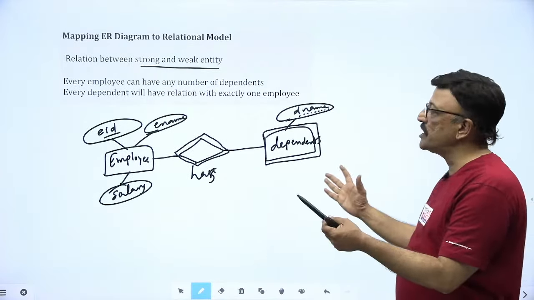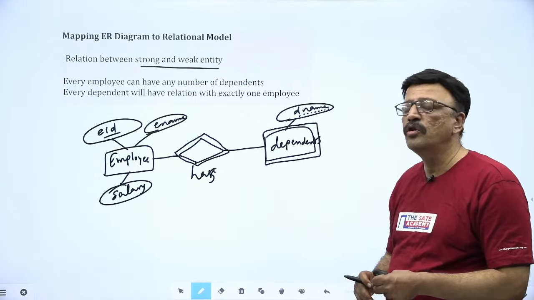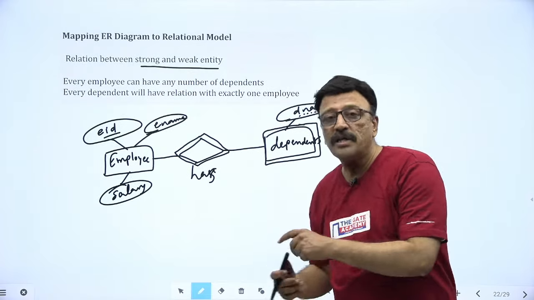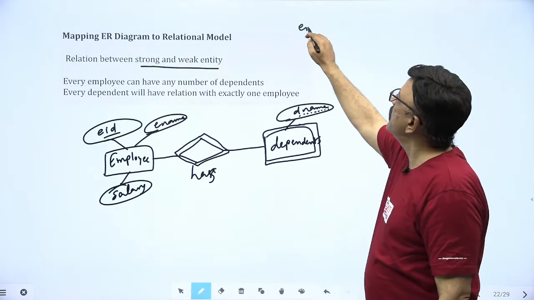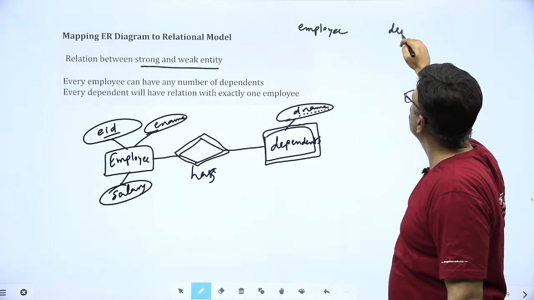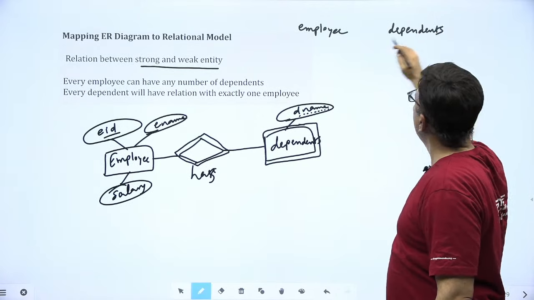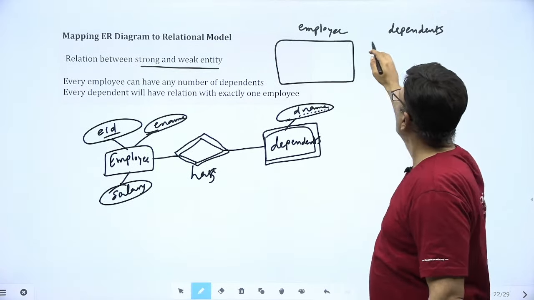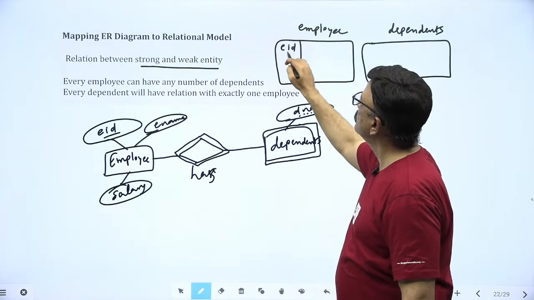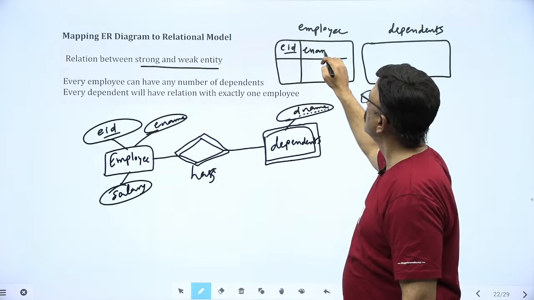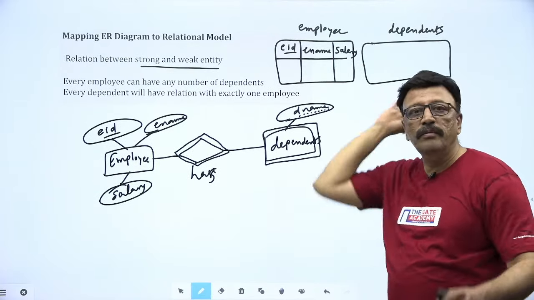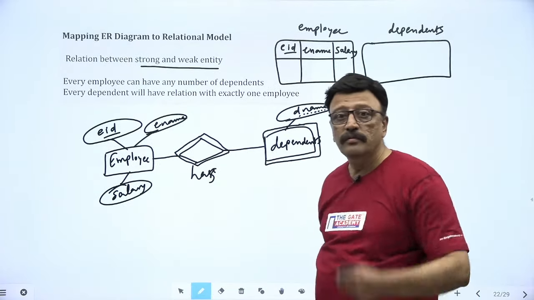Now, if this ER model is given, how do you translate it into a relational model? So definitely there will be a table called employee. Stick to the rules: employee and dependents. There will be 2 tables. Why? Come on, because there are 2 entities, and this employee will have EID, then ename and salary. 3 columns will be there because there are 3 attributes.